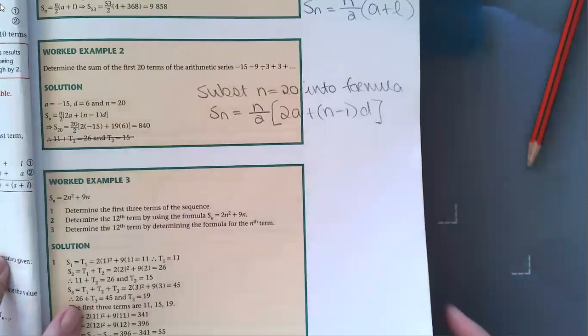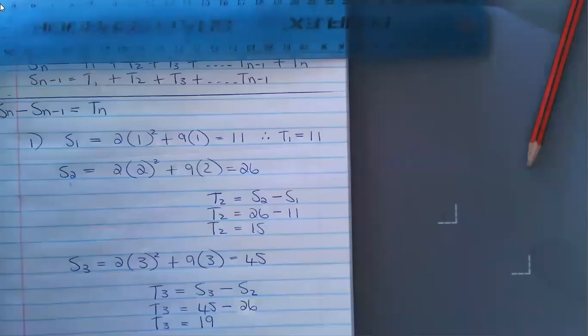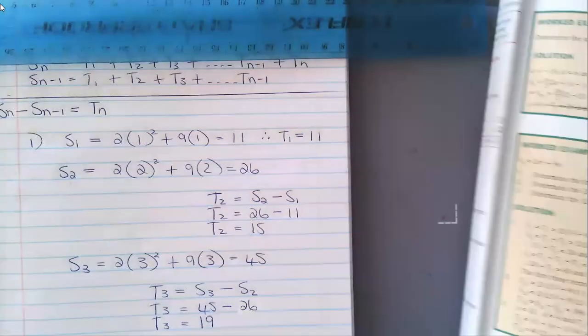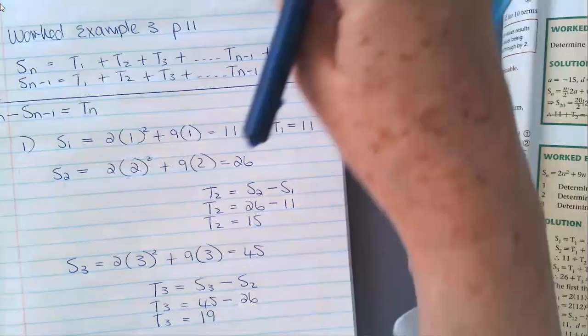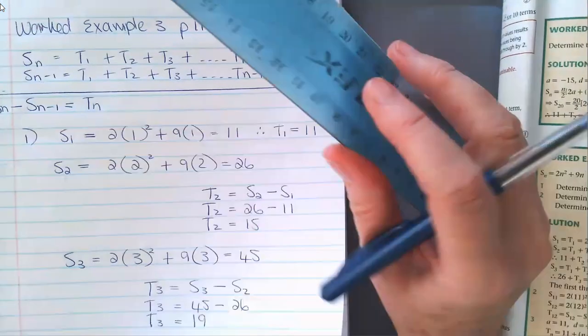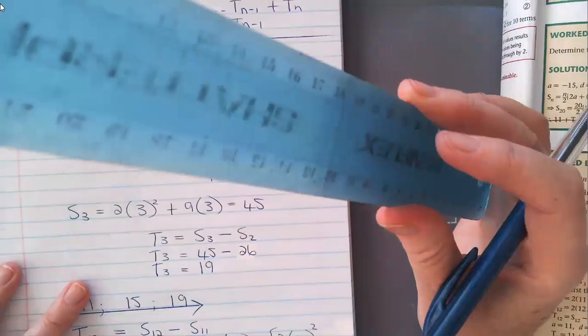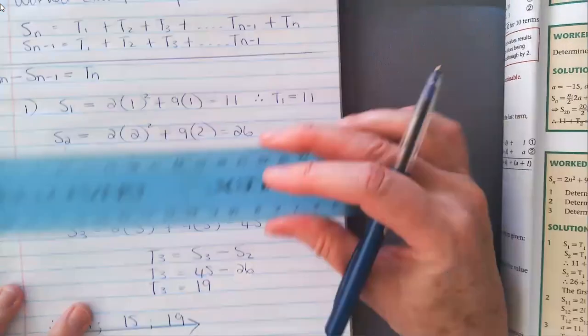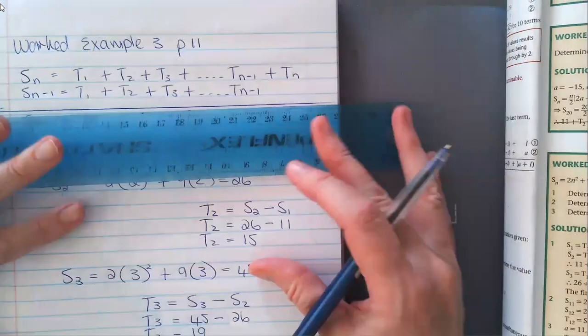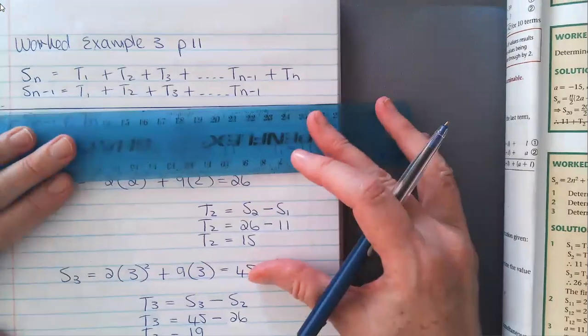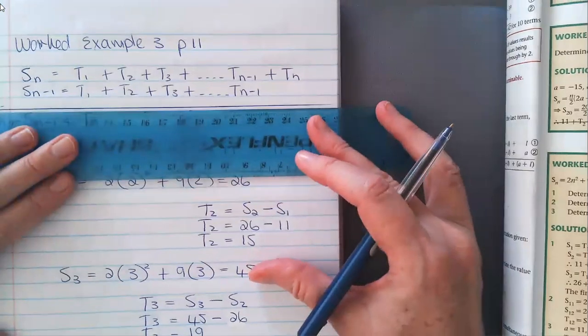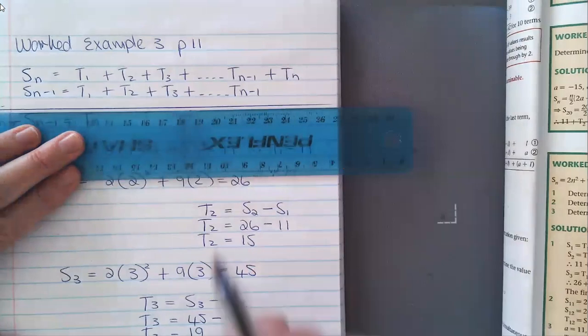Okay, so let's have a look at work example 3. So for work example 3, we need this. Okay, so this is a lot to cover today. You'll have to go through this material again.